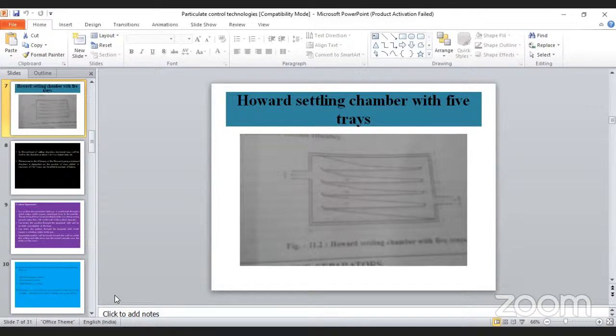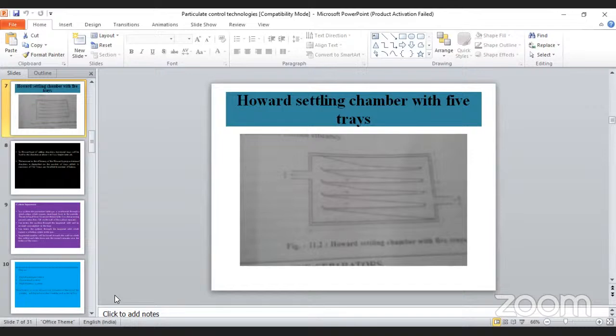At the corner of the chamber, we provide a gap. Then the gas enters and moves in a zigzag manner from here to here. When it passes through like that, the solid and liquid droplets settle down by natural gravitational force, and the clean gas exits at the right side of the chamber.